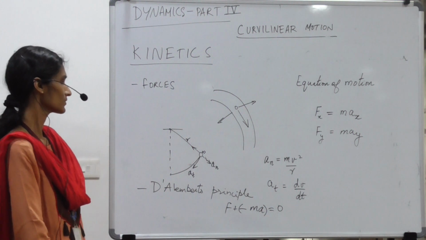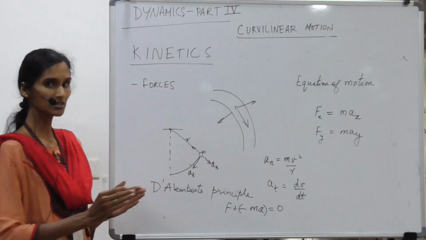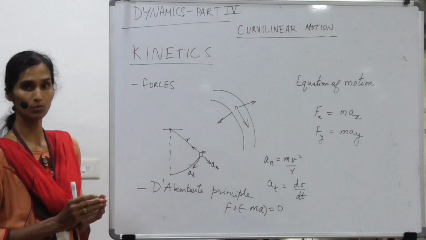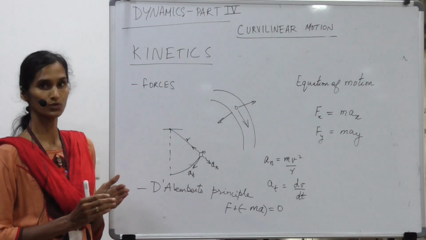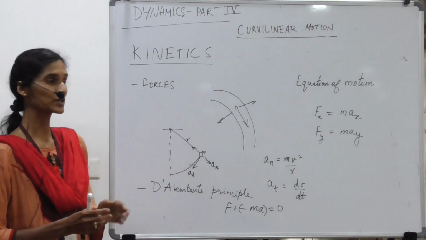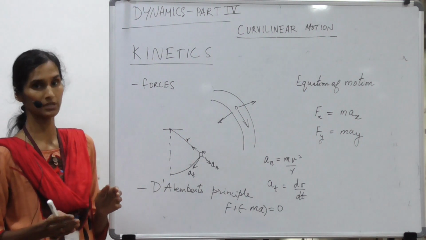Now, in this case, the motion is through a curved path, and hence the velocity will have two components. One is along the path that it would have traveled if it was a linear path, that is called the tangential, because it will be tangential to each and every point of the curved path.